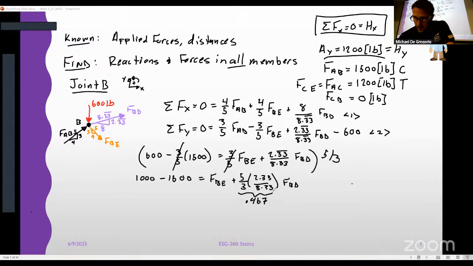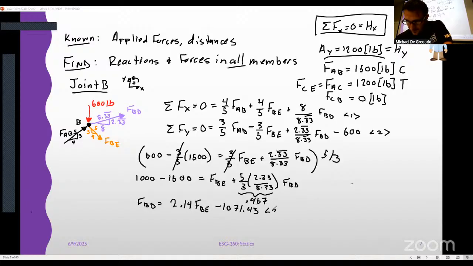Okay, so if I solve this for FBD, I get 2.14 FBE minus 1,071.43. So it's very clean looking, nice, beautiful numbers.